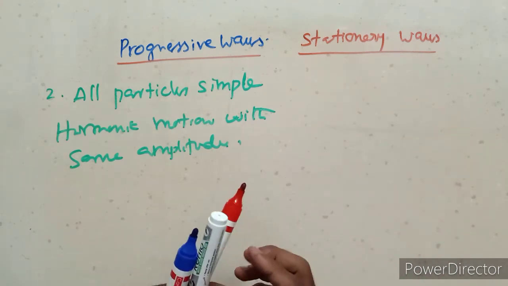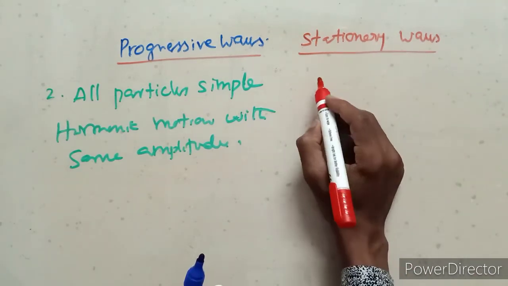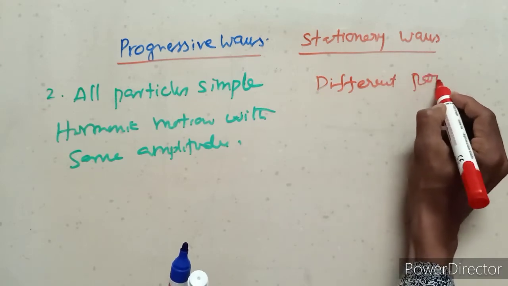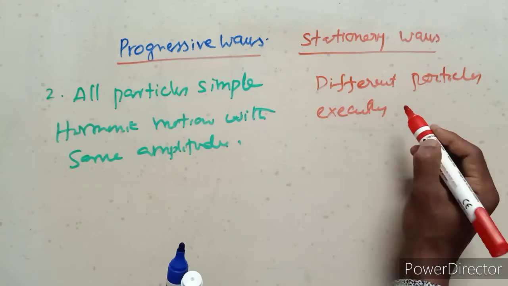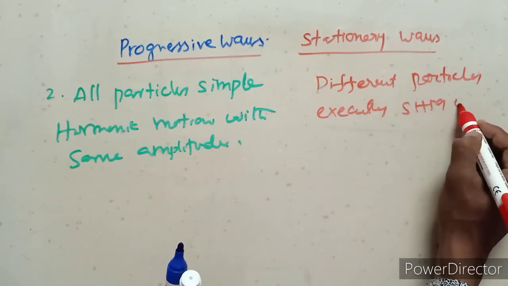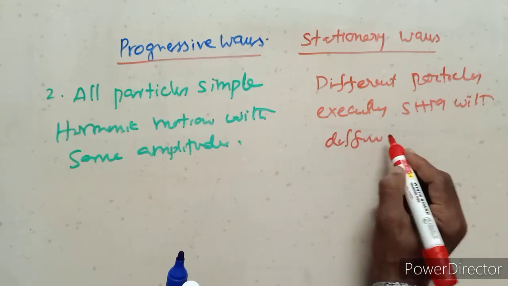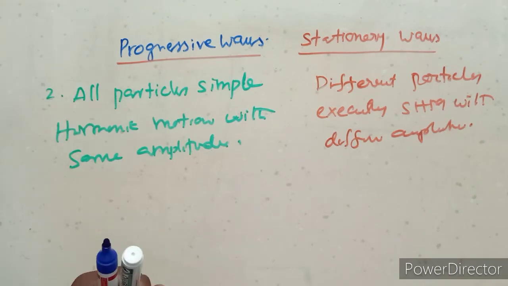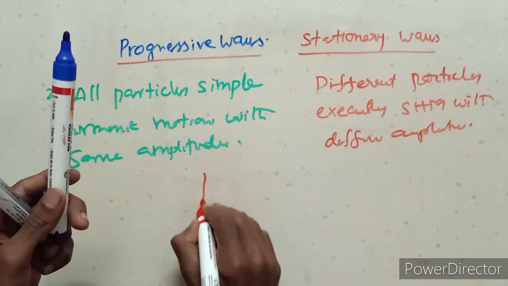But in stationary waves, different particles execute simple harmonic motion with different amplitudes, because it is a string fixed at two ends.